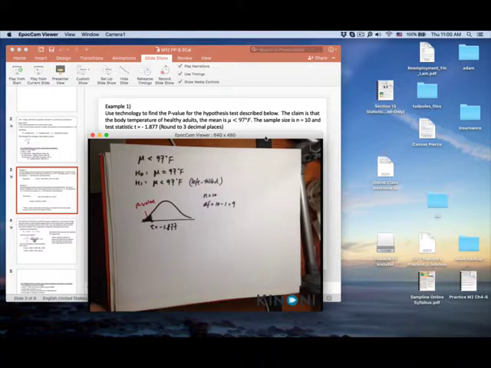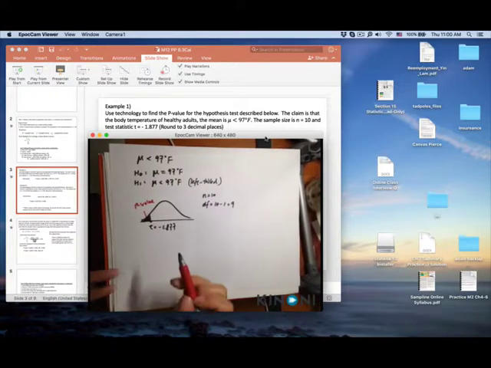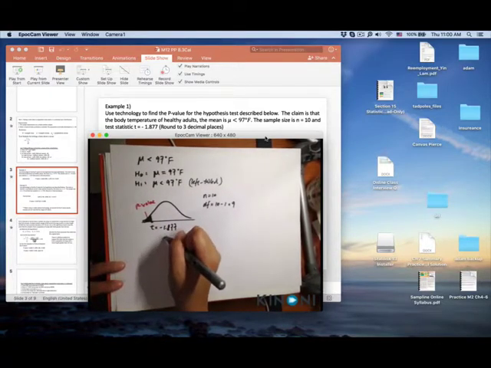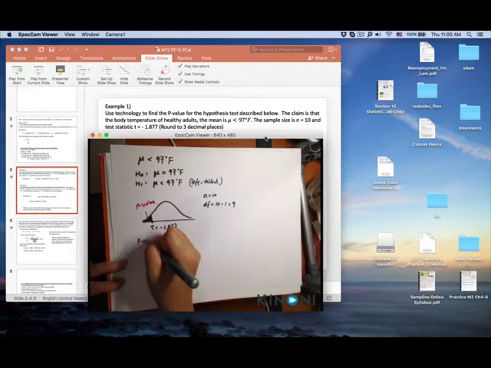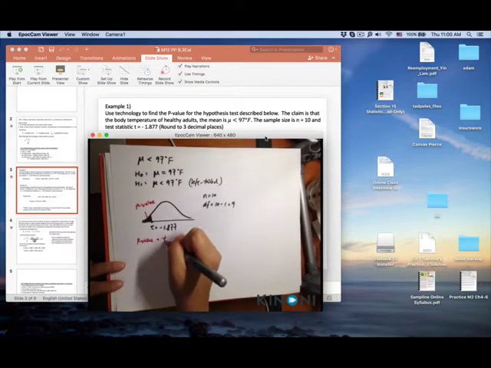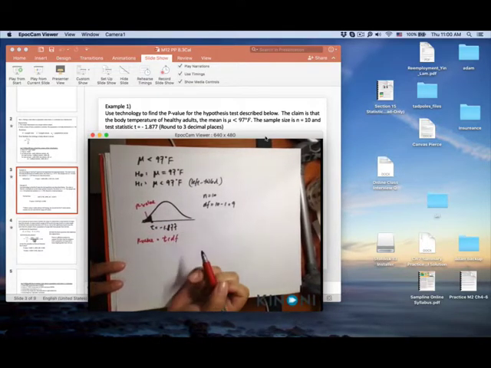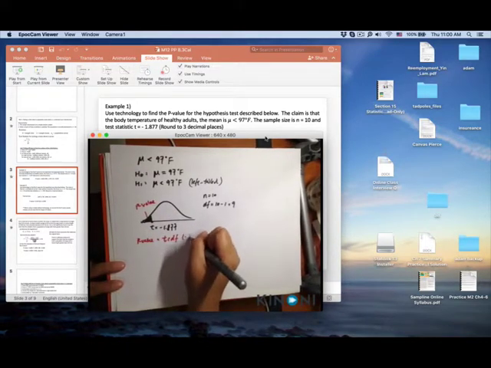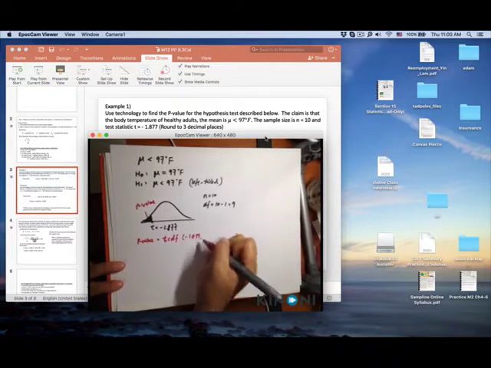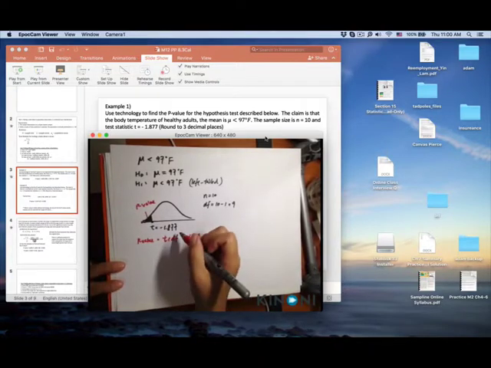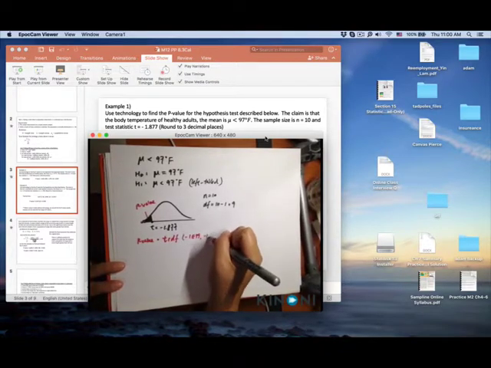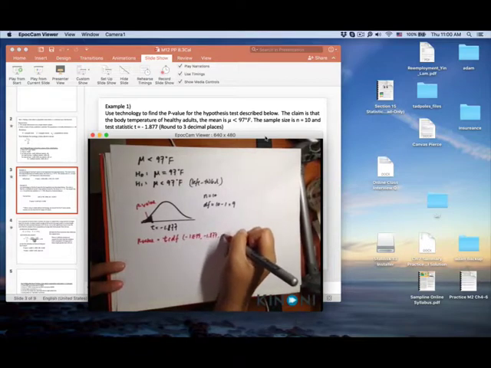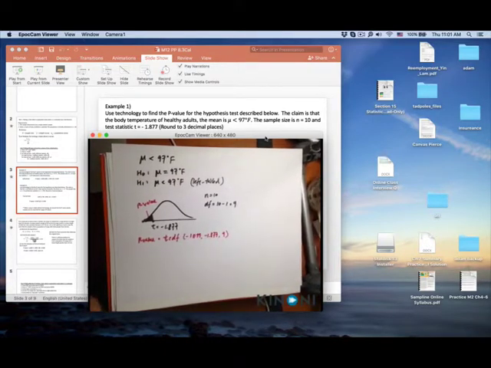So how can we find it? We have the p-value equal to tcdf: the cumulative area from -1e99 to the upper value, which is your test statistic, and then your degrees of freedom, which is equal to 9.